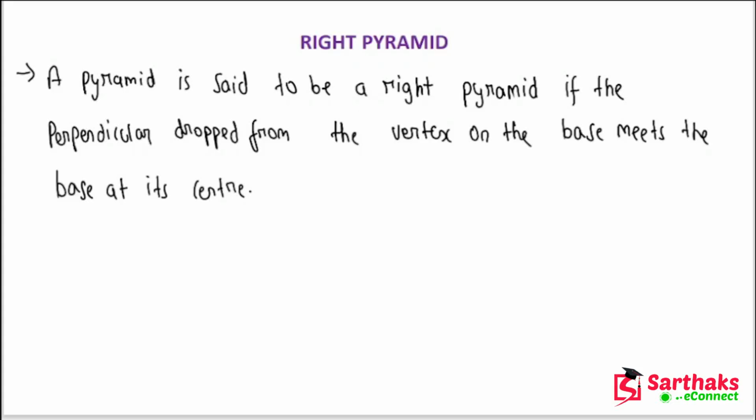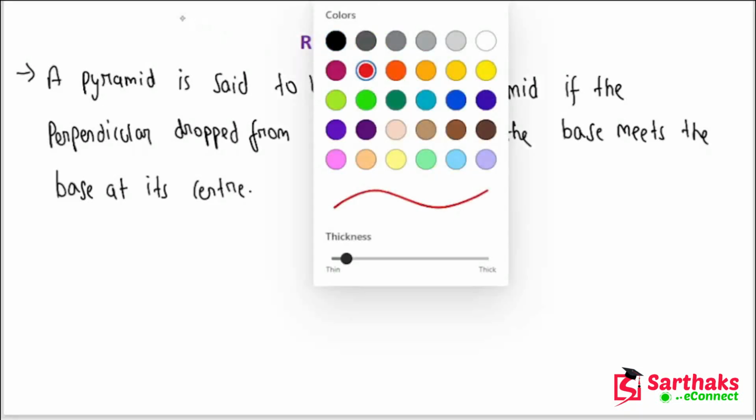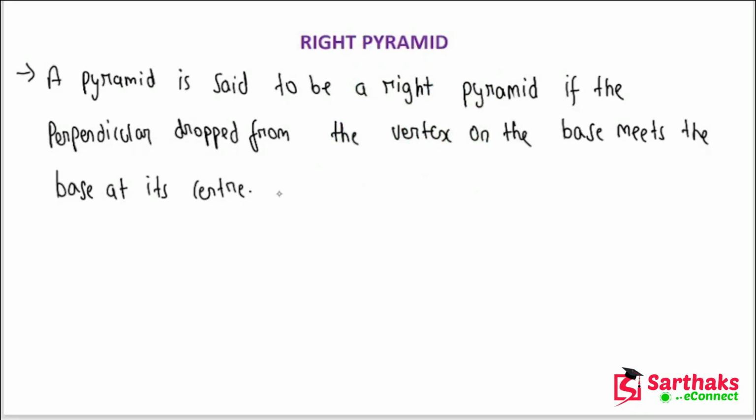Okay, so you can recall that I've already told you when I was talking about the axis. So this is the perpendicular. Or also, if it does not happen, then you can clearly see that the pyramid would be oblique.